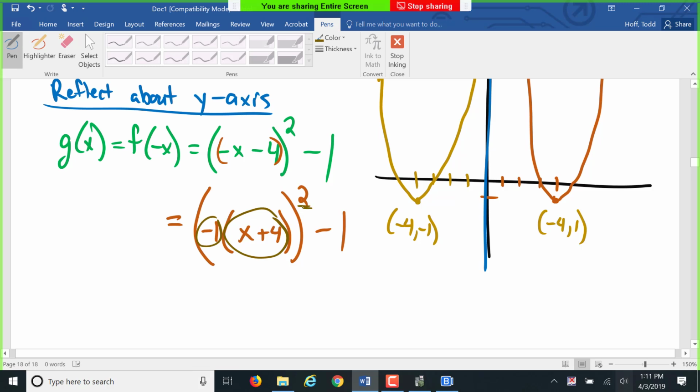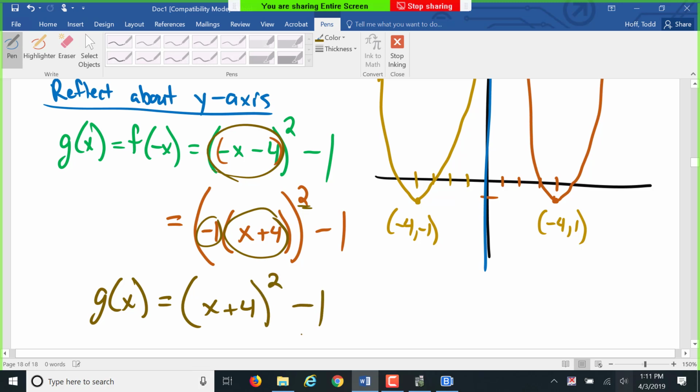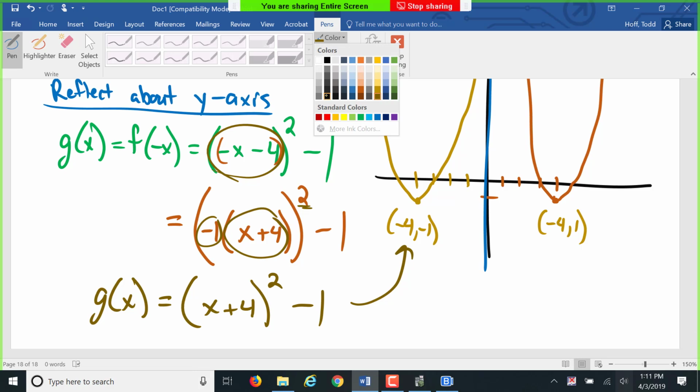What's negative 1 squared? Just 1. So f of negative x, or g of x here, just makes this (x plus 4) squared, and then minus 1. Note that would give us that equation, or that parabola on the graph.